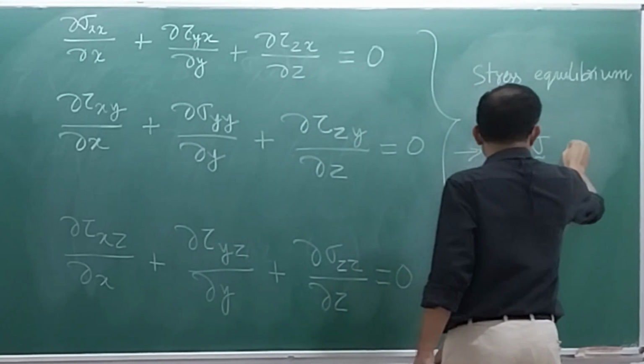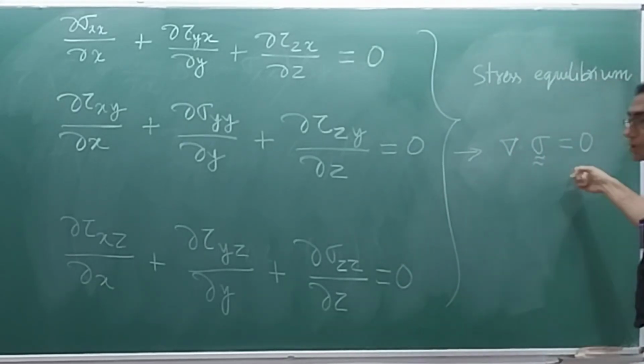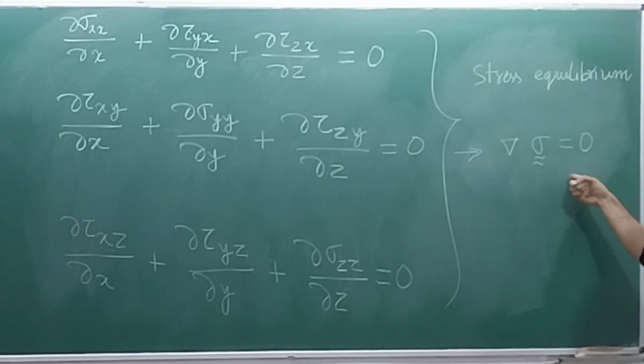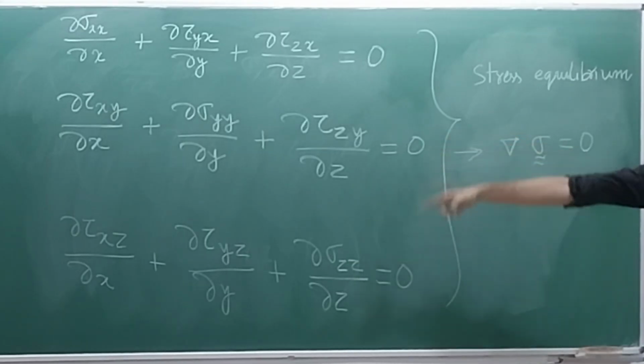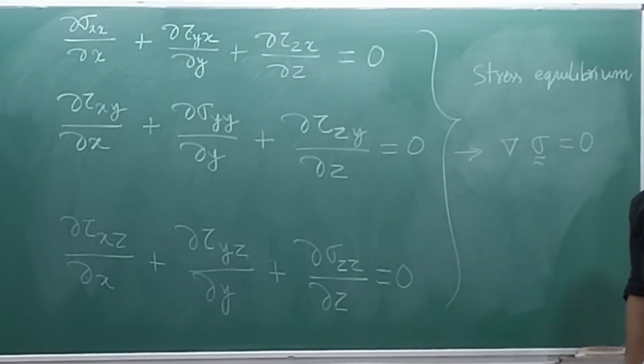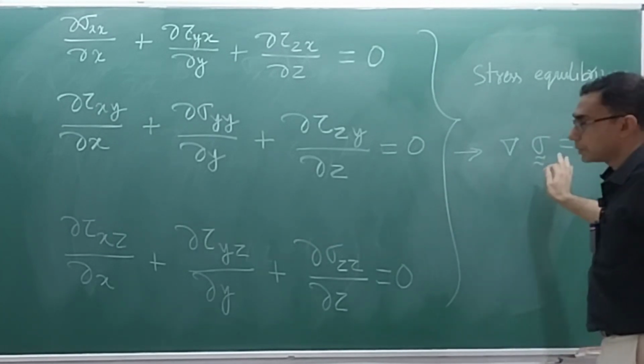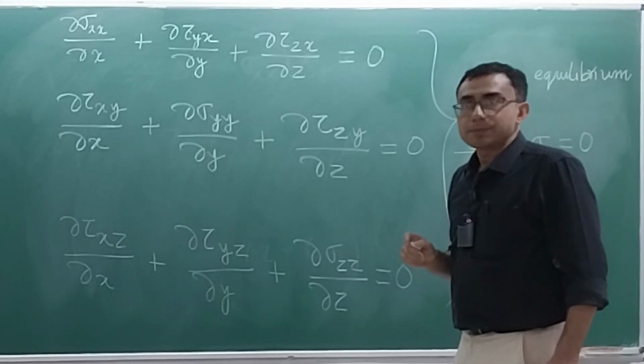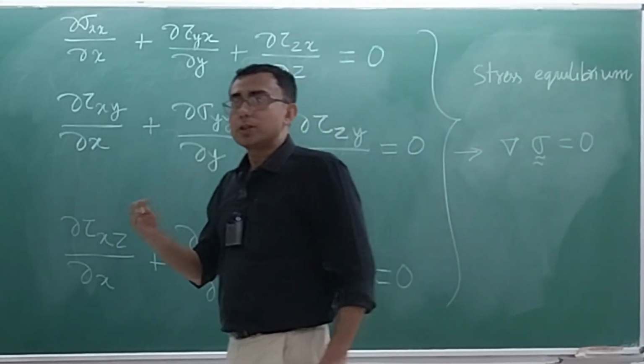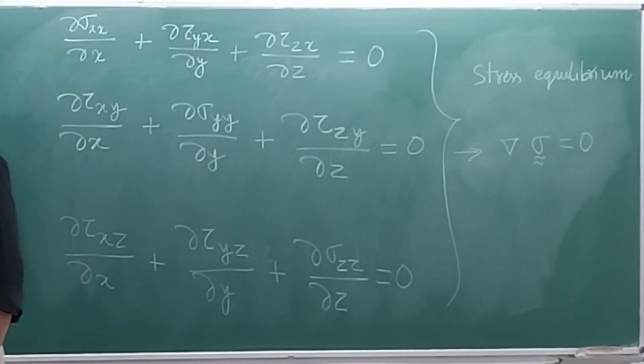The divergence of sigma equal to 0 in the Cartesian coordinate system: suppose you gave this to a mathematician who has never learned fluid mechanics or solid mechanics, he or she will also write these equations only. Now the stress equilibrium equations should be independent of the coordinate system that you have chosen.